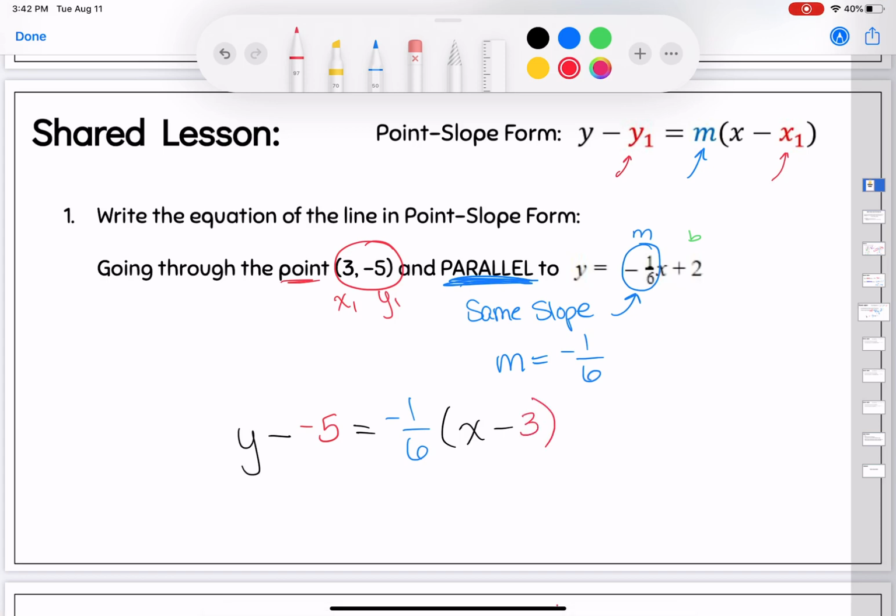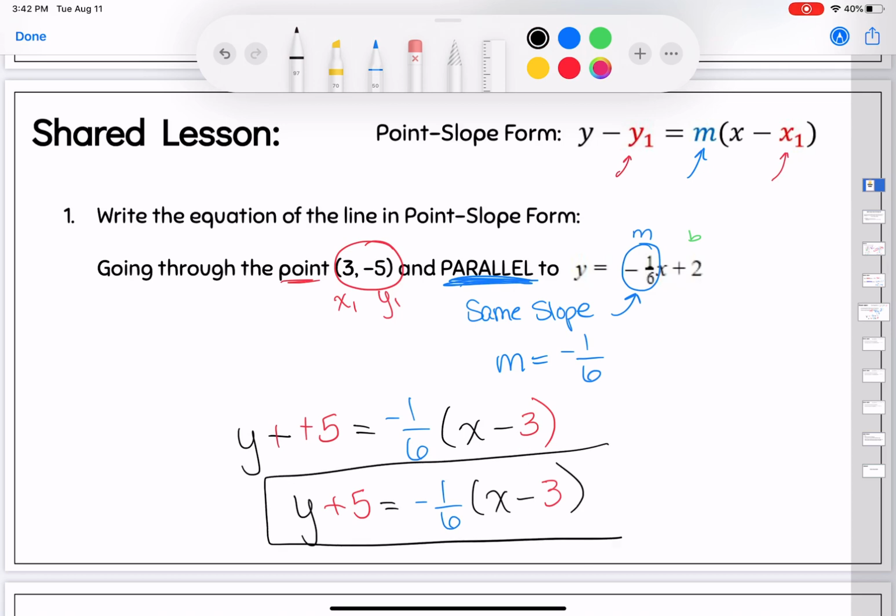I do see that I have two negatives here, so I'm going to simplify that up to say y plus 5 equals -1/6, parentheses, x minus 3. There's my final answer.